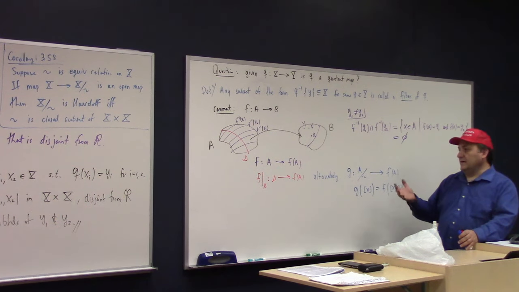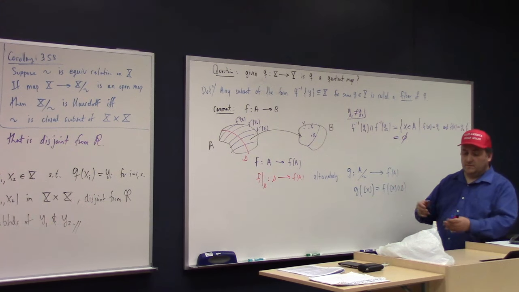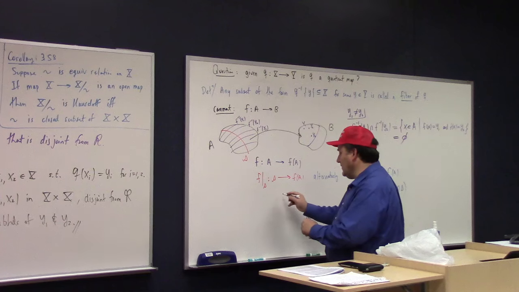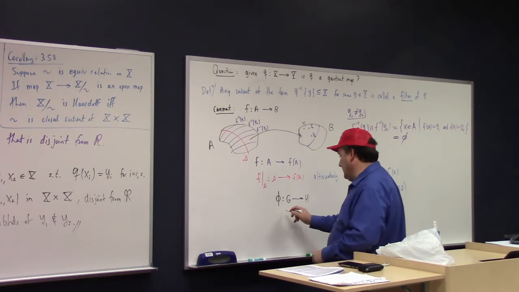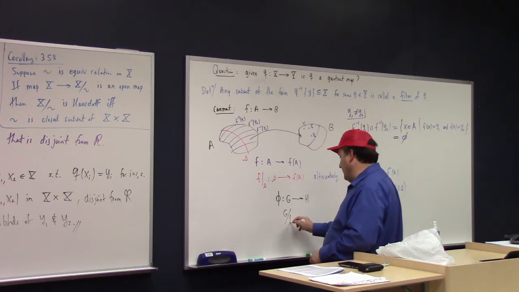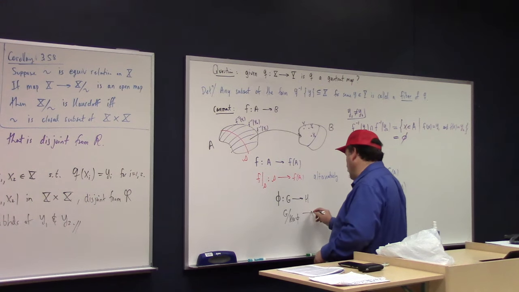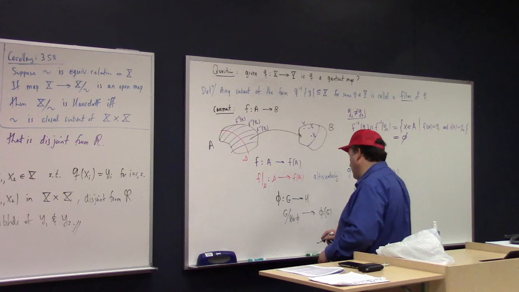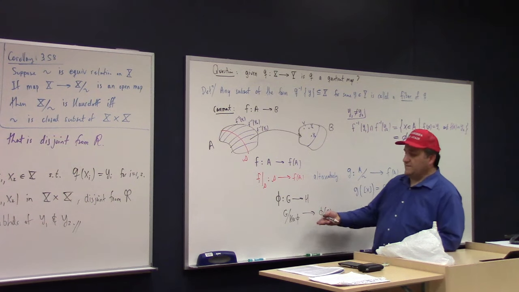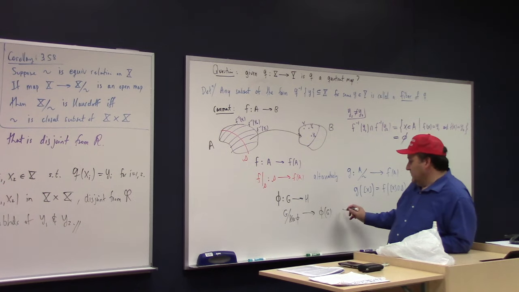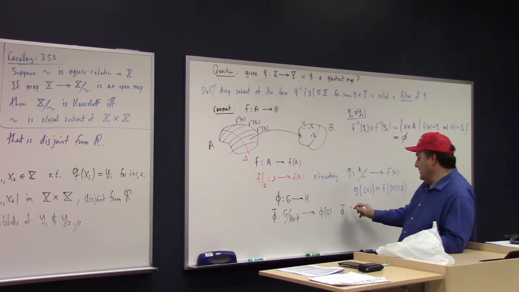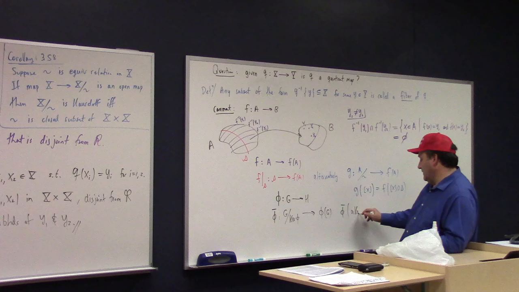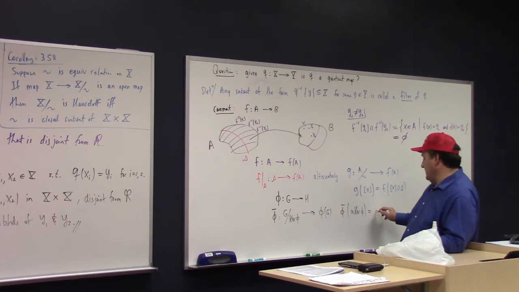If you have a homomorphism, say phi, from a group G to another group H, and you take G mod the kernel of phi and let it go to phi of G, and you define this by the natural property, namely that, we call this thing phi bar, and you define phi bar of A times the kernel of phi to simply be equal to phi of A, well, then phi bar is an isomorphism.